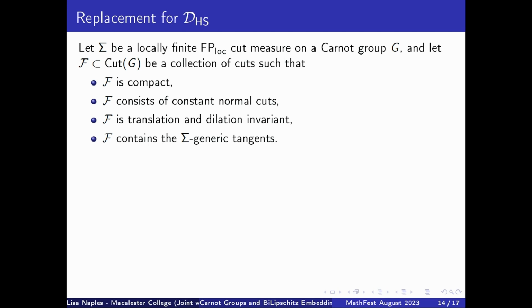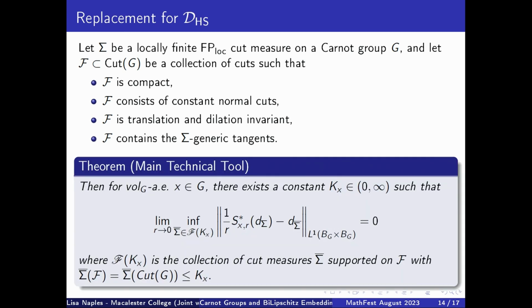And we're going to choose a collection F of cuts such that our collection is compact. It consists of all the constant normal cuts. It's translation and dilation invariant. And it contains all of our sigma generic tangents. And we're able to recover the main technical tool, except instead of taking cut measures that are supported on half spaces, we are taking cut measures that are supported on this collection F that we've defined.